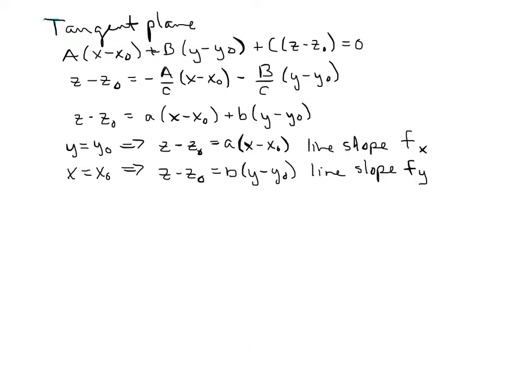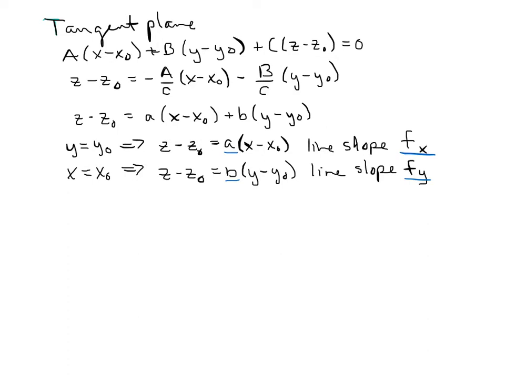So now I use the fact that a is going to be the partial of f with respect to x, since that is the slope of that first line, and b is going to be the partial of f with respect to y because that's the slope of the second line.